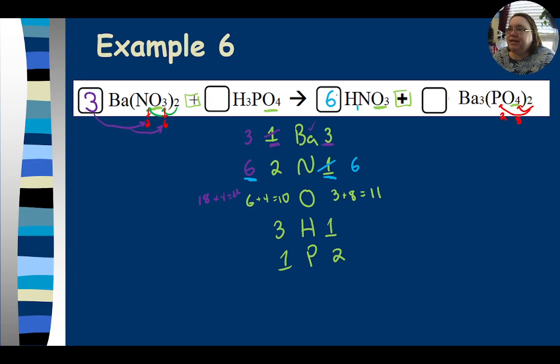But that 6 not only changes the N, it also changes the H to a 6. And it changes my O. So 6 times 3, I've got 18 O's plus the 8 from earlier gives me 26. Mental math.